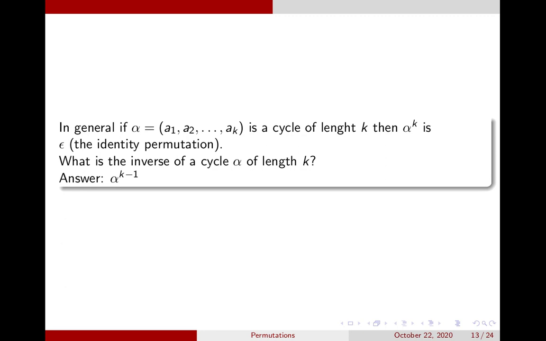Alpha to the k minus 1 is the inverse of the cycle alpha, because when you multiply those two things, alpha times alpha to the k minus 1, that means you're applying alpha k times, and as we've seen, alpha to the k for a cycle of length k is the identity.